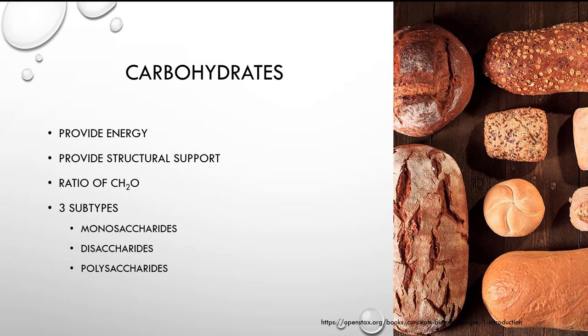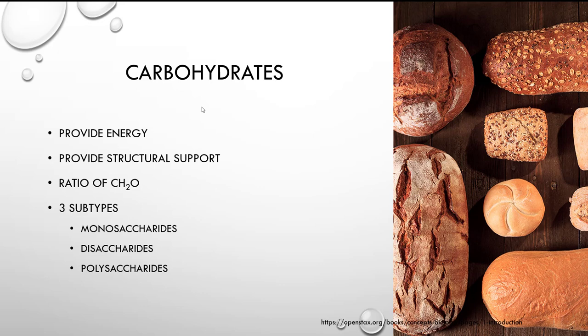Breads and pasta have more of the complex carbohydrates. They have stored sugar, so they are a good source of energy. Their job is to provide an energy source for our cells. They also provide structural support, and we'll talk about how they do that as well.